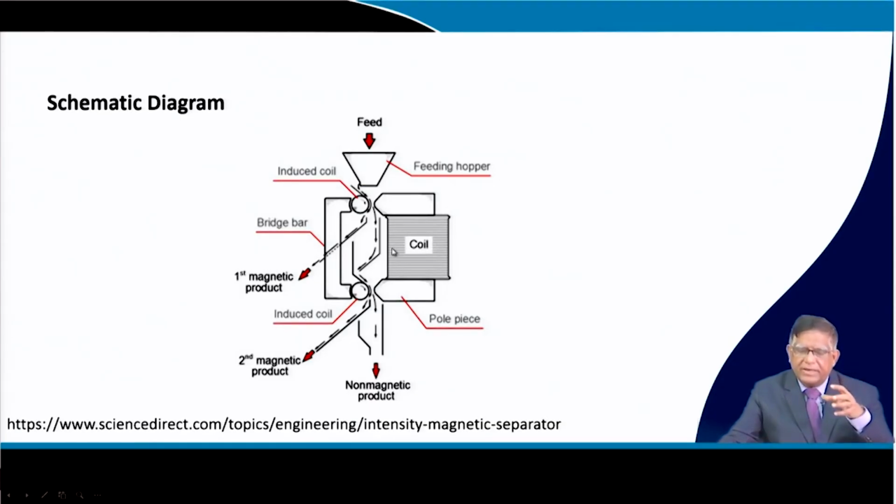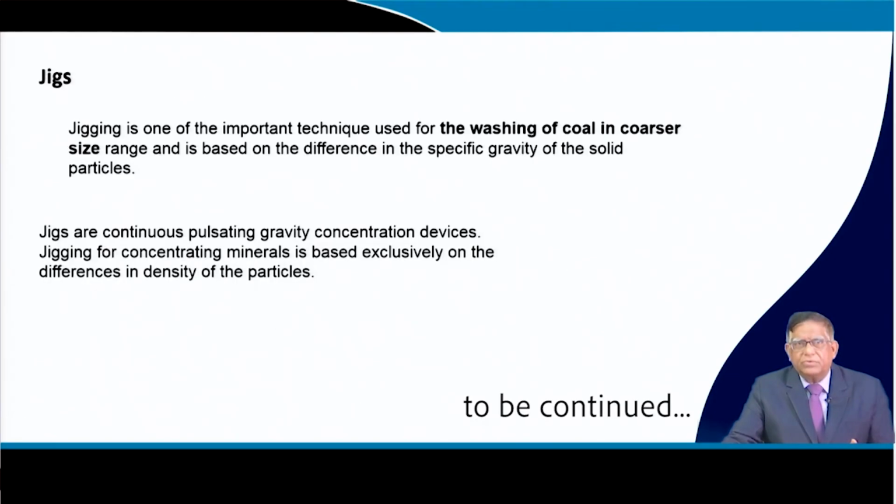Under that high intensity, when it flows, the particles get attracted again by these magnets and are discharged over there, and whatever non-magnetic particles are there keep flowing on. So, in this WIMS system, they get separated out by the magnetic field. These are the things you need to know about it.